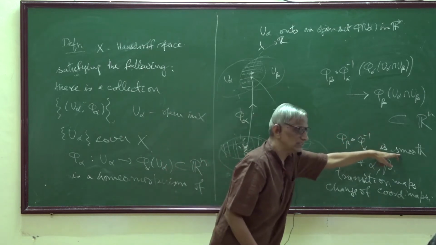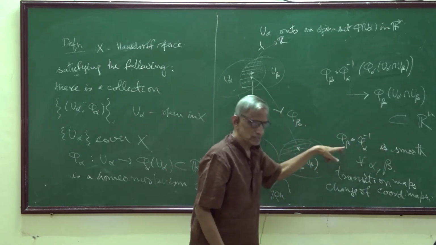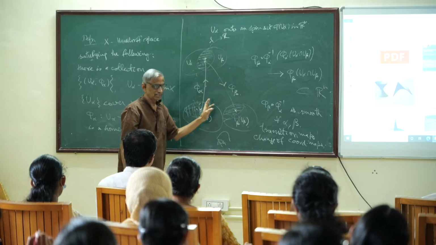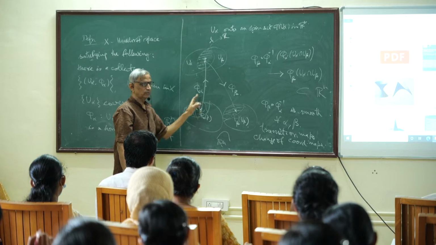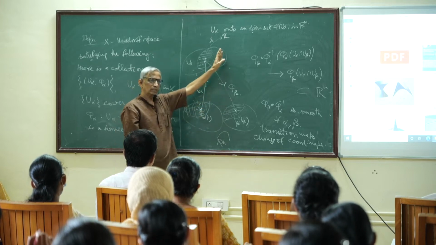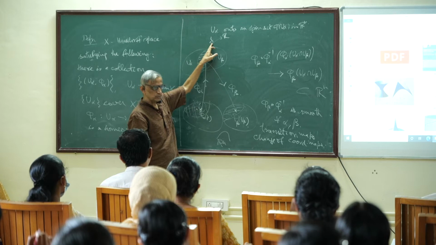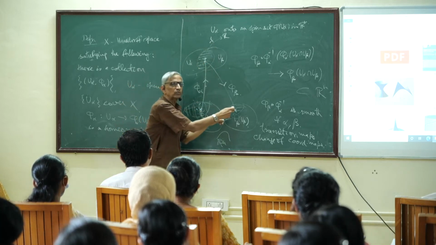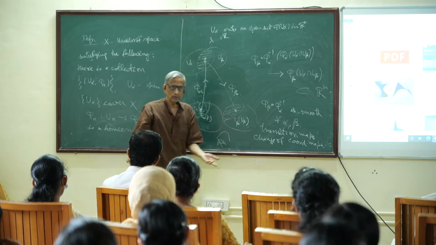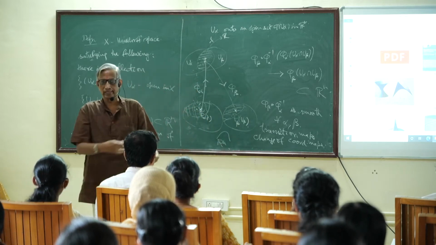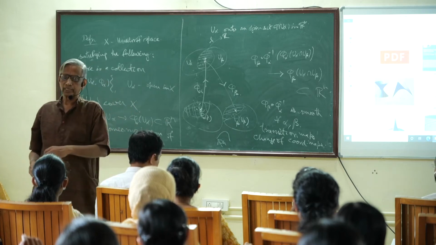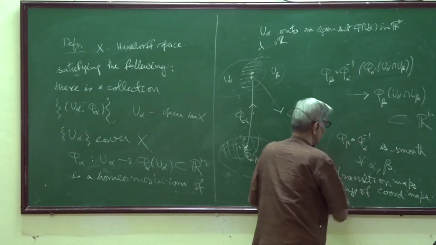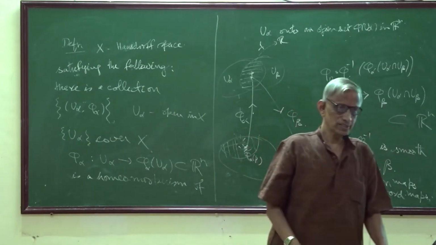What this assumption does is to show that the concept is well defined. It's not going to depend on phi alpha. If you use phi beta, that is, f is smooth with respect to this set of coordinates if and only if it is smooth with respect to this set of coordinates. So it's not going to depend on the choice of coordinates that you make. For that, you need this smoothness of the transition functions.